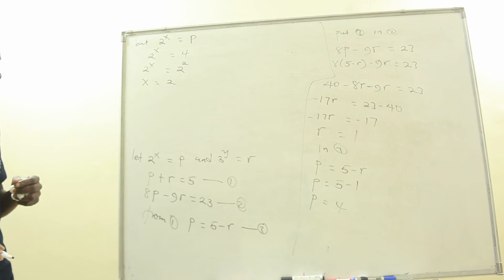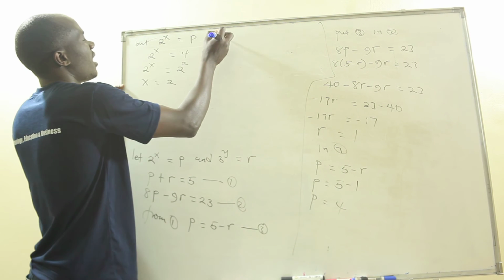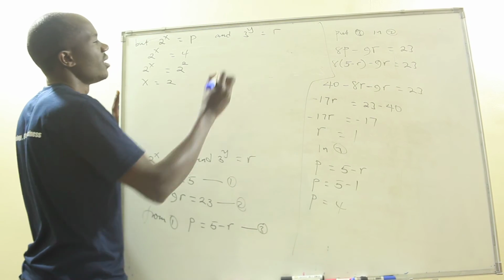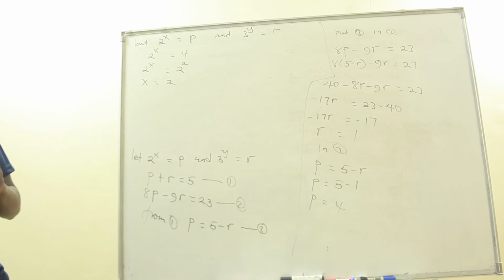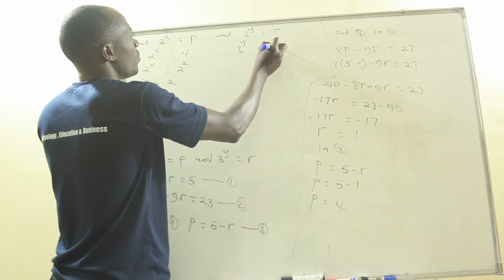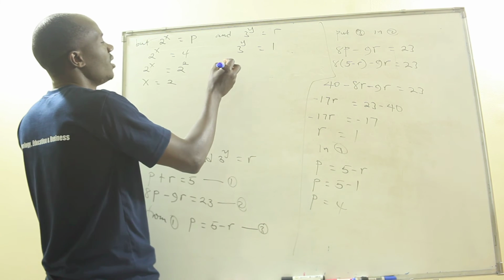And we also said that 3 power y was equal to r. Now, our r is already 1. So 3 power y equals 1. Which number can you power and come out with 1? Any number power 0 is the same as 1, which we already proved.